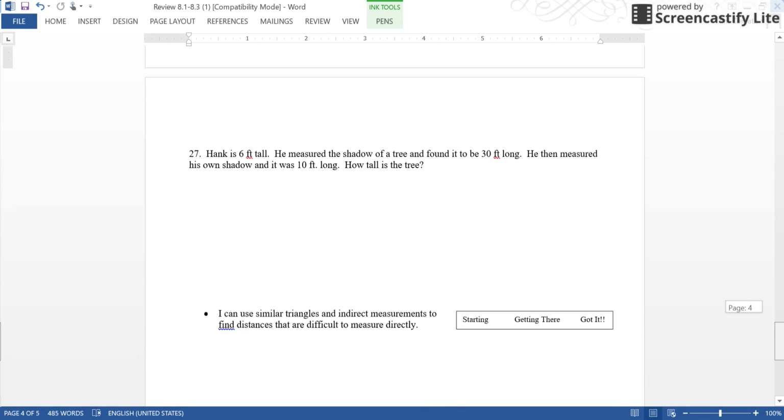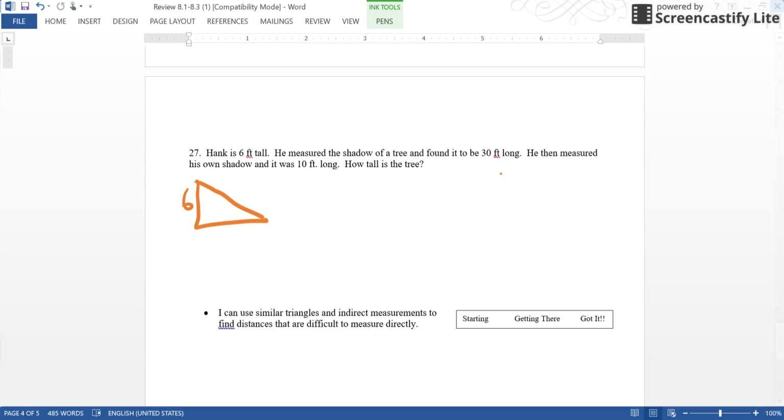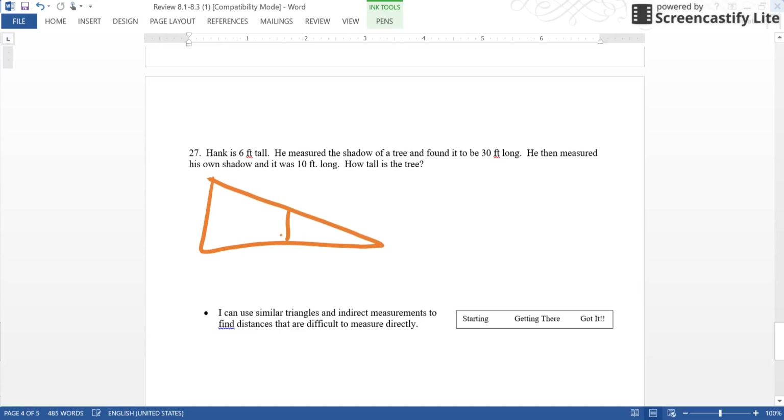And the last problem, Hank is 6 feet tall. I'll put him here. He measures the shadow of a tree and found it to be 30 feet long. He then measured his own shadow and it was 10 feet long. How tall is the tree? Well, here, let's do it like this. So Hank is 6.